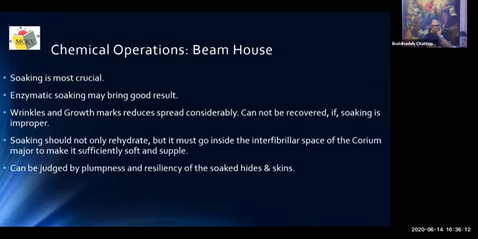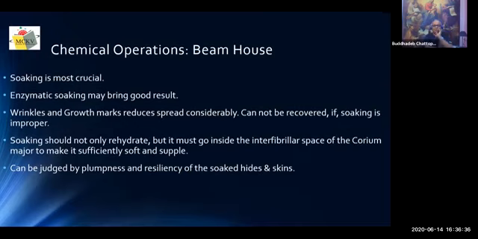Coming to the beam house, soaking is the most neglected part, but most crucial for spread. Here, enzymatic soaking may bring good results. Wrinkles and growth marks reduce spread considerably, and this cannot be recovered if the soaking is improper.